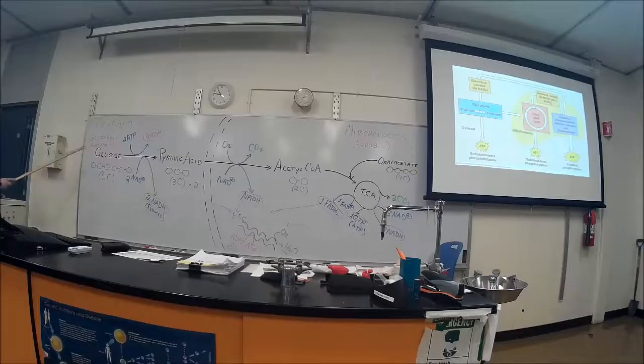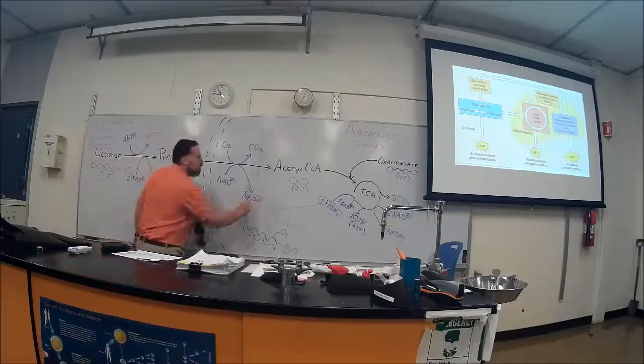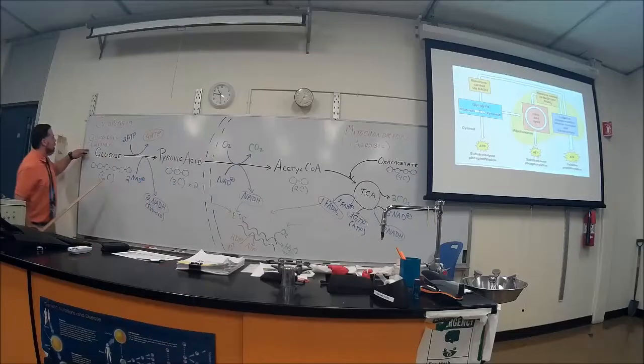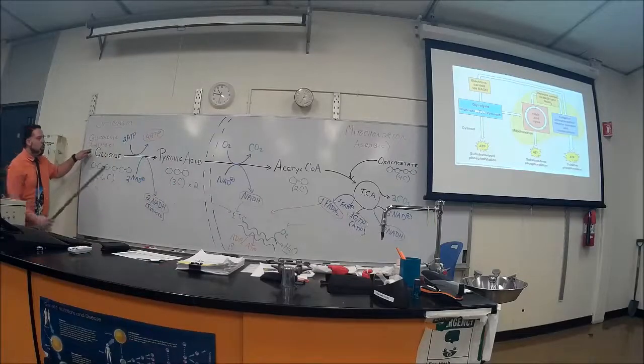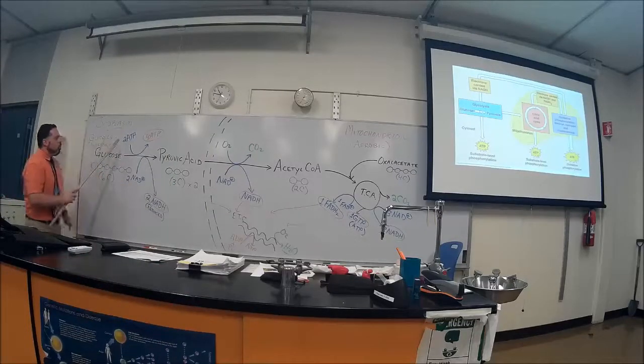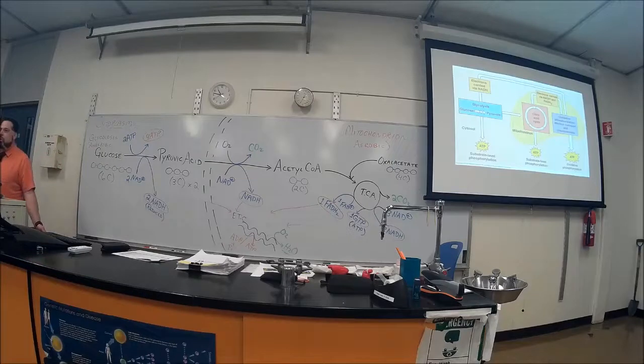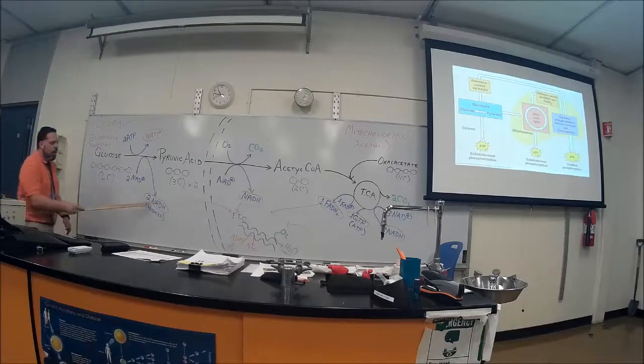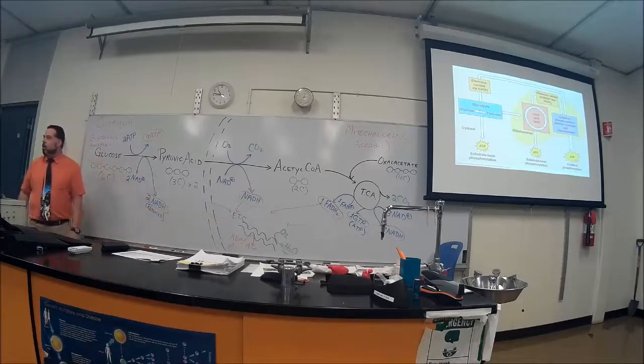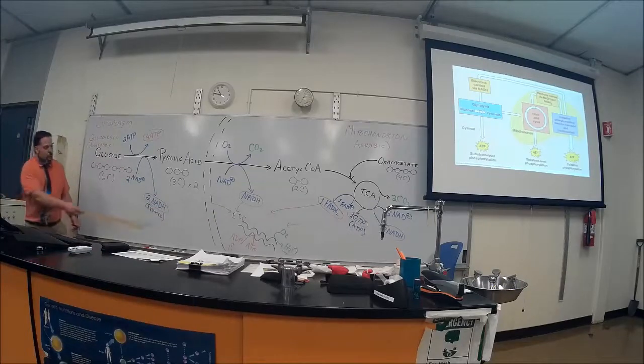Look, without oxygen, oxygen is only used here. This is anaerobic, so this does not use oxygen. You can go from 2 and make 4. Net-wise, you got to give back these 2, so you only make 2. How about the ones at the bottom? These can't get in there. You need oxygen, so it won't. It can't. You need oxygen to do this.